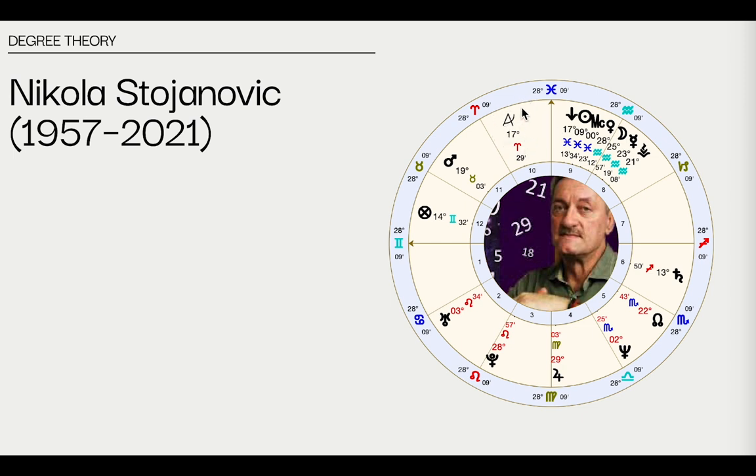Urania is an asteroid named after the Greek goddess of astronomy, and in astrological interpretations it is usually known to represent what contributions you'll make in the astrological field and what type of astrologer you'll be. His Urania is in Aries, and Aries is a sign of innovation, pioneering, doing things that are daring and risky or new.